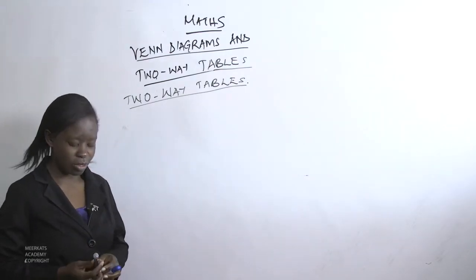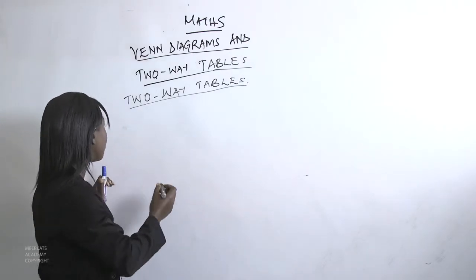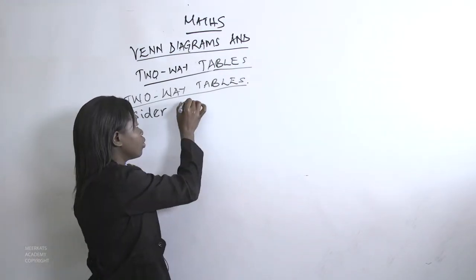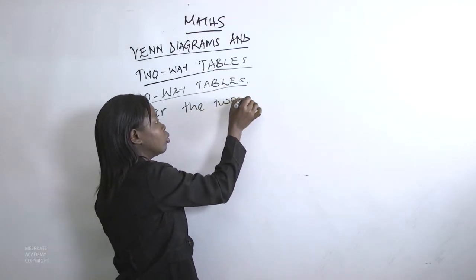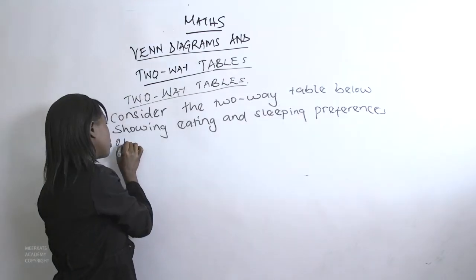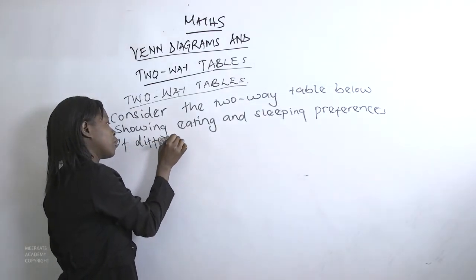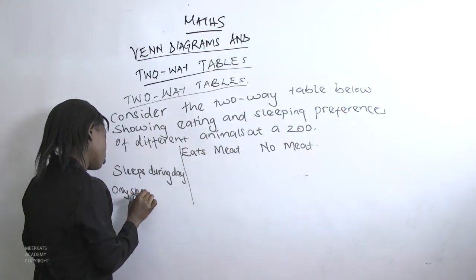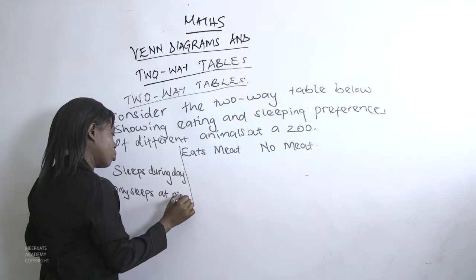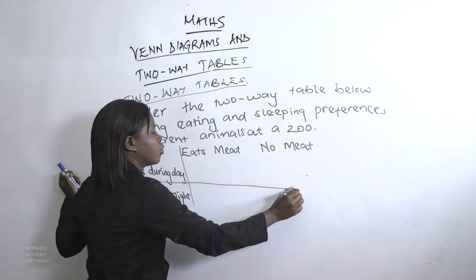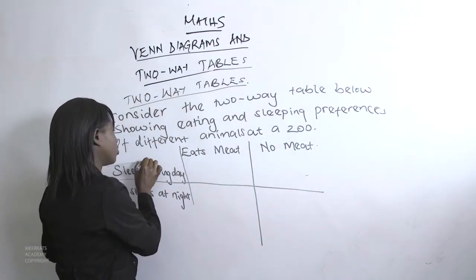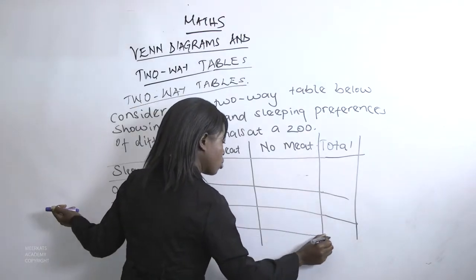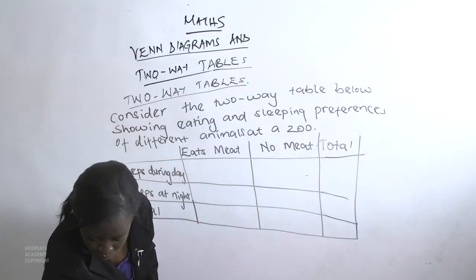So we look at it using these examples. So we consider this table. So this is the table we have.